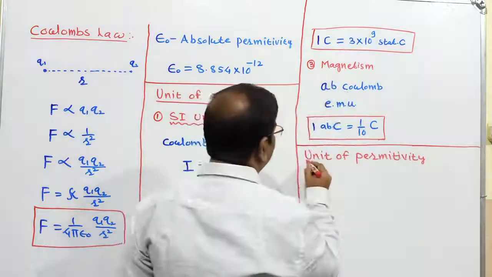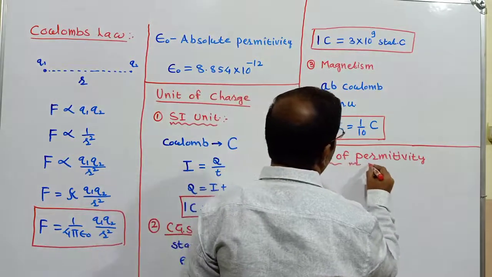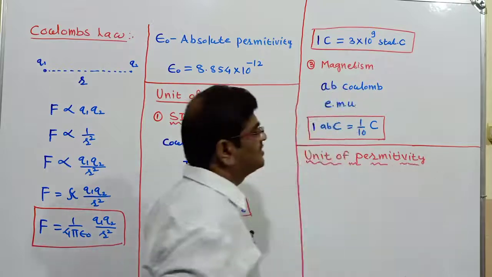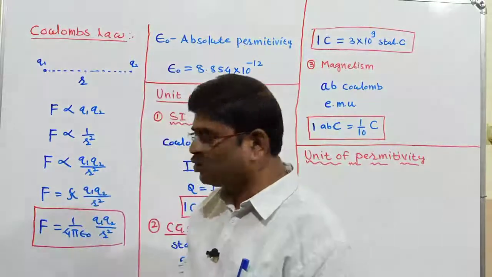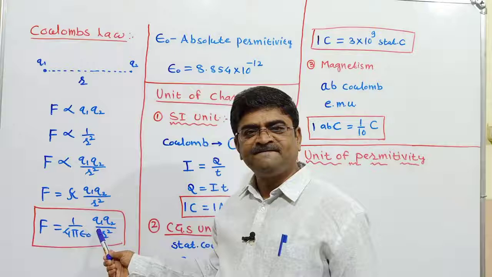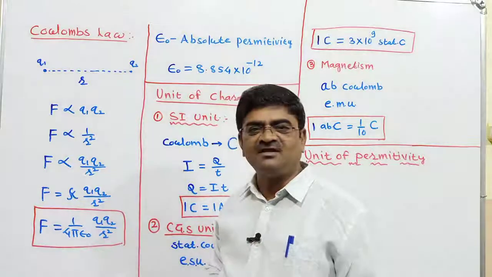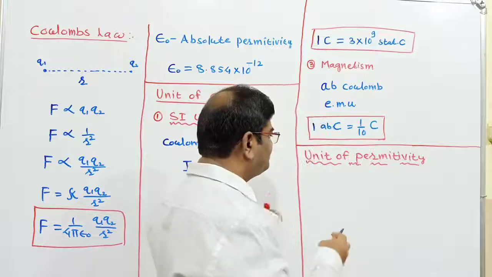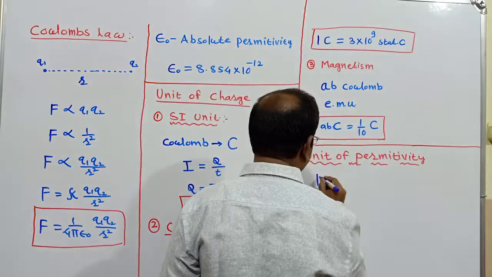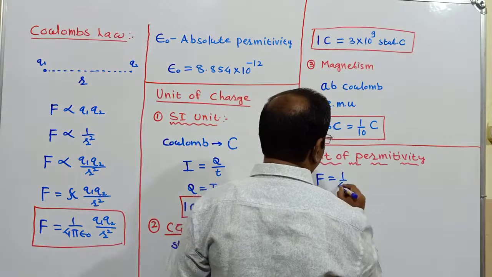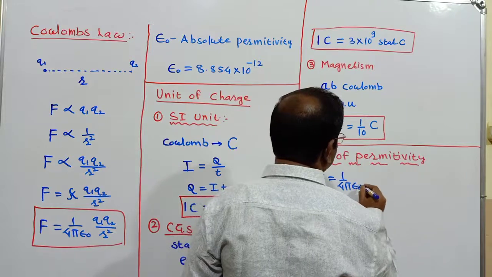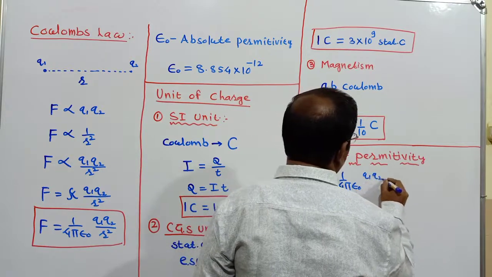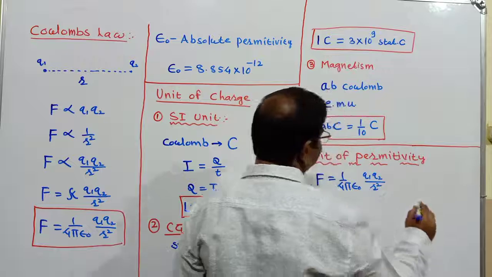To know the unit of permittivity, I'll go back to Coulomb's law. Here is the mathematical form of Coulomb's equation, which I just borrow from there: F equal to 1 upon 4 pi epsilon 0 times q1 q2 by r square.